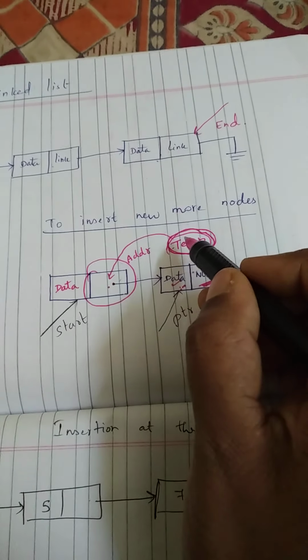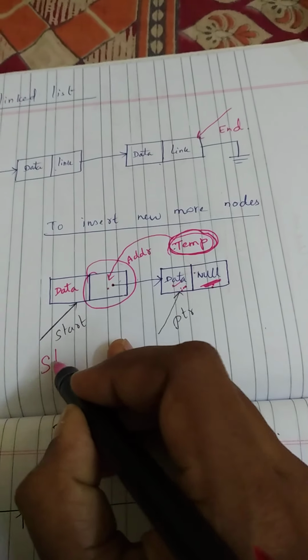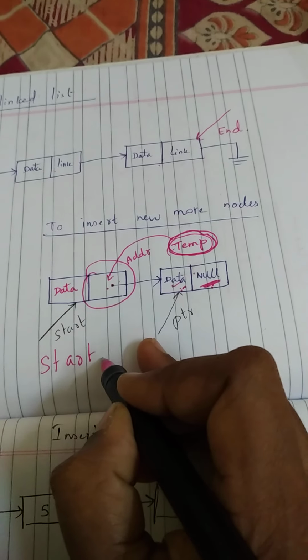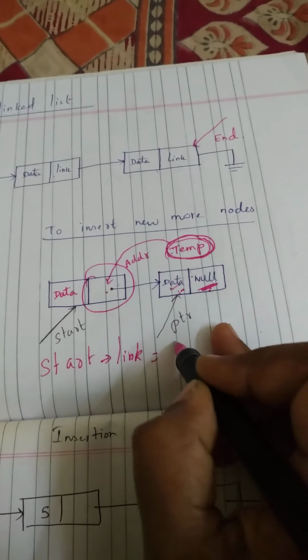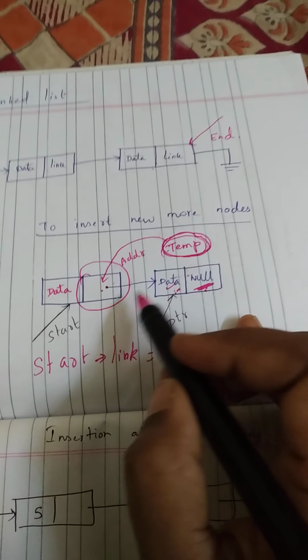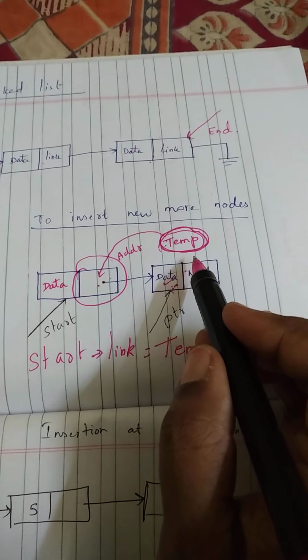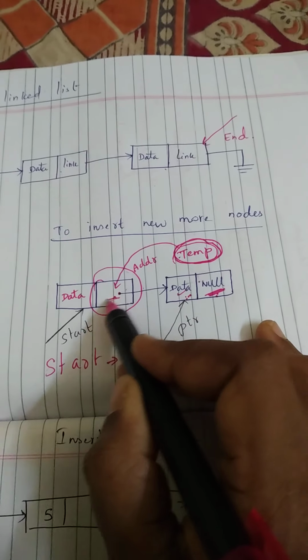So now you simply have to assign start.link is equal to temp, so that the temporary node address will be saved to this place.